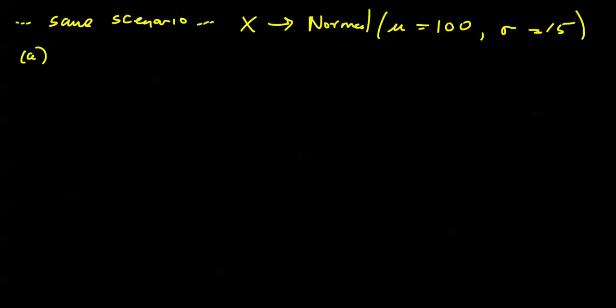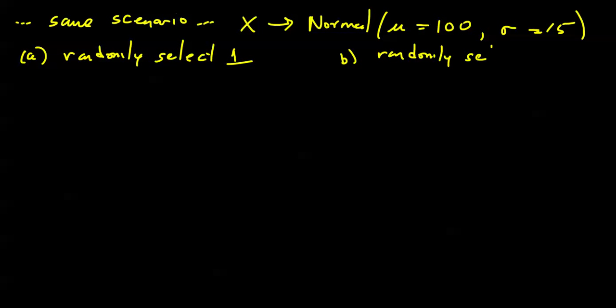In part A, we'll randomly select one, similar to the first motivating example, and in part B, we're going to randomly select 30 and compute the mean.